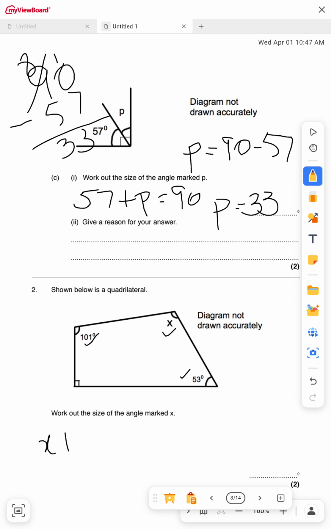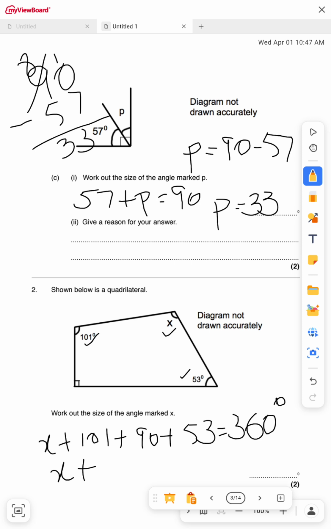So X plus 101 plus 90 plus 53 is equal to 360 degrees. Okay. So X plus, what is 101 plus 90? 191 plus 53 is equal to 360.